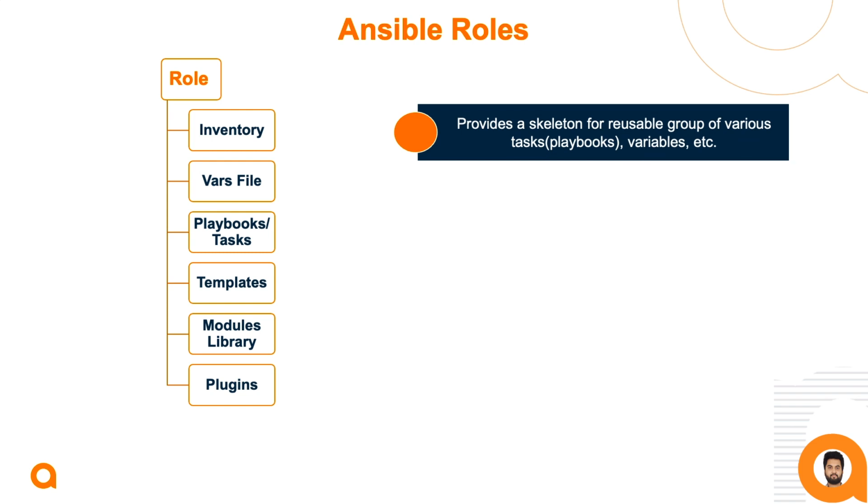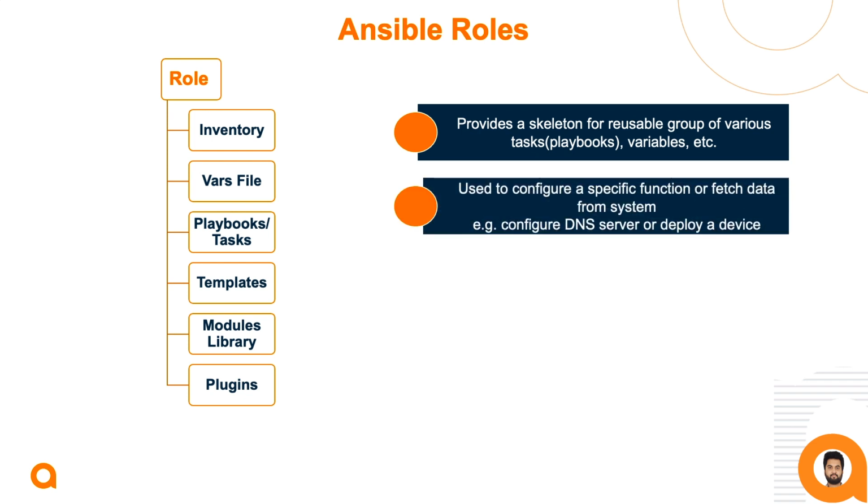You can imagine it as a skeleton provided by Ansible to group these various elements together. Traditionally, a single role was used to configure specific functions of a system or to fetch data from the system. For example, there can be a role for configuring a DNS server or deploying a device, which consists of relevant files for accomplishing that workflow.